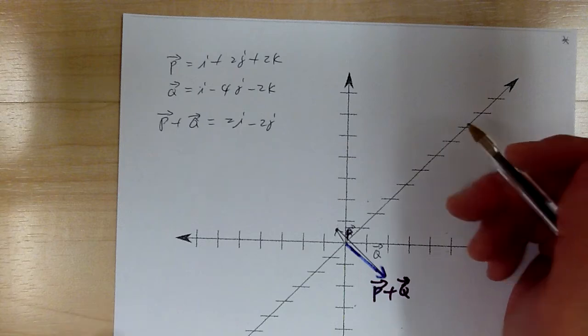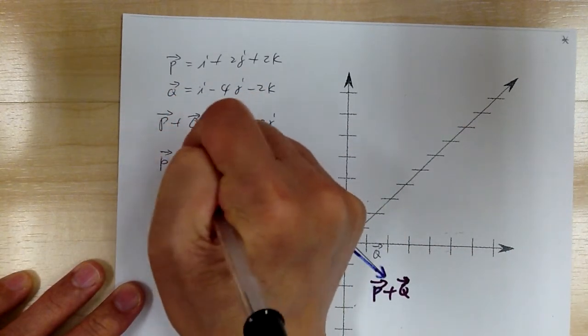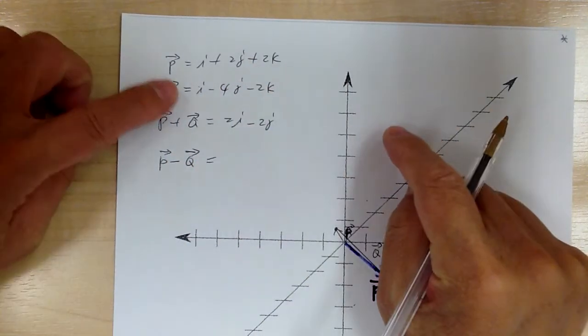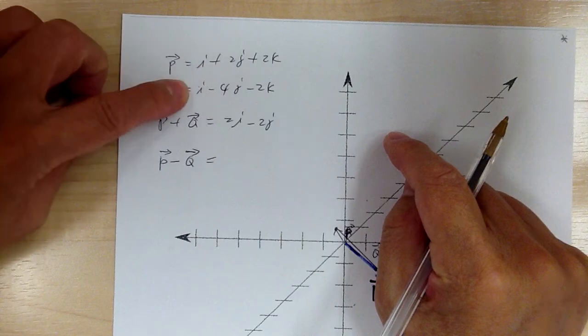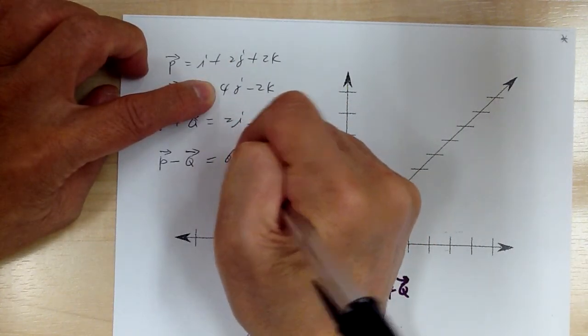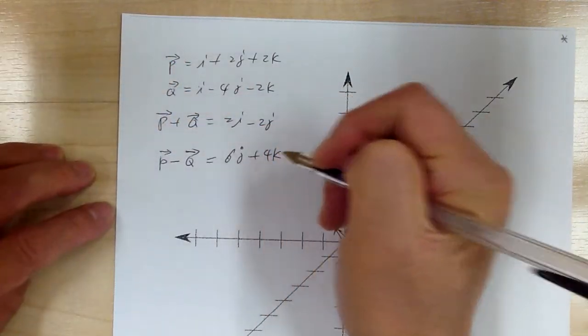Now when you're doing the P minus Q, you're just going to subtract, right? So P minus Q, this cancels out. P minus Q, this gives you 6j. This minus that gives you plus 4k, right?